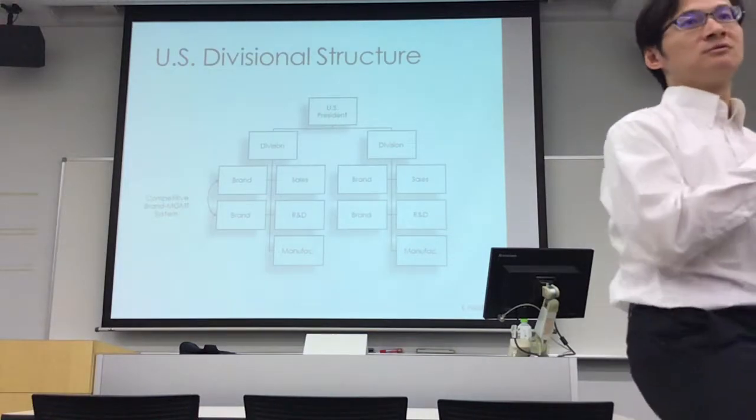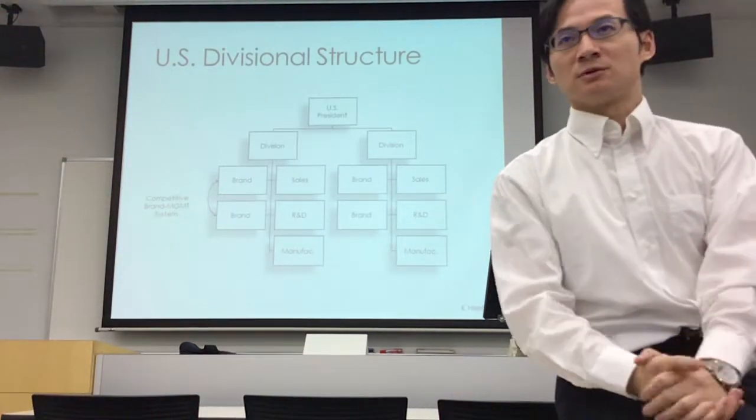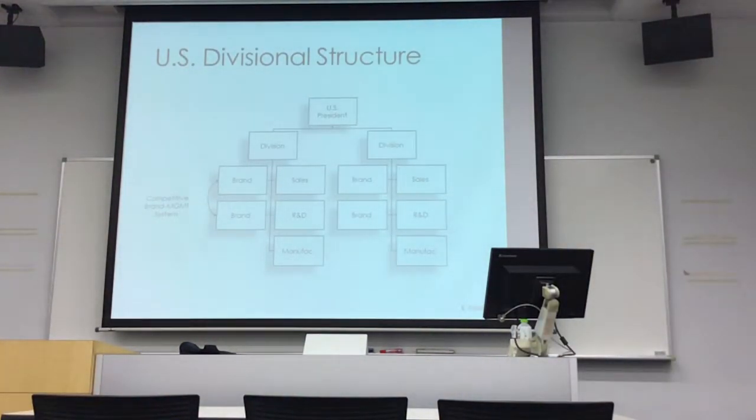Now what else? Homogeneity across the geographic operation. That's one. What else? Yes, please. When maybe the technology or the market is changing or updating very fast. Each division has its own manufacturing and R&D, so it's more agile for them to adjust themselves. Okay.